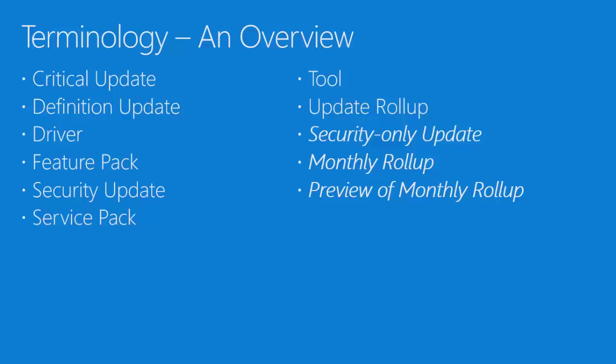Definition updates are widely released. Think of endpoint protection in this way: things that need to be released to update a definition database. That's what these are. Very frequent releases, at least in the case of endpoint protection. Drivers are updates to your system, the different driver software iterations that manage your hardware.